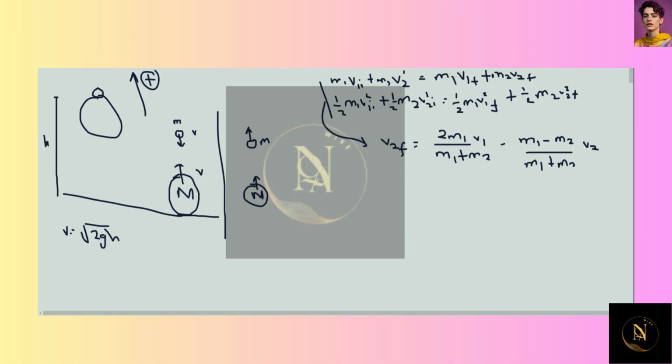These are the initial velocities. Anything over here are the initial velocities, and over here are the final velocities.